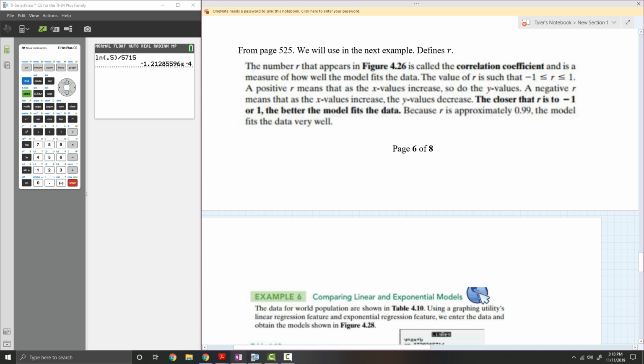It's not too uncommon. What a correlation coefficient does is it's a measurement of essentially how well the data points fit on the line, or fit the model. What we're trying to do is minimize the distance between the actual points, which are the data points, and the model.